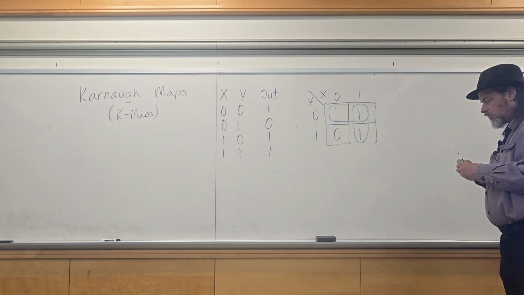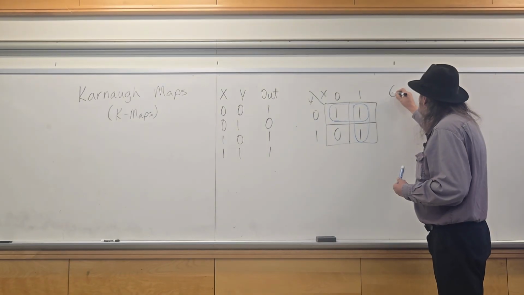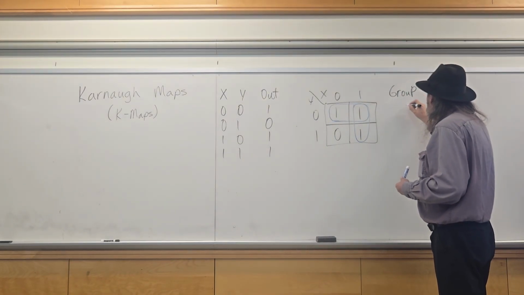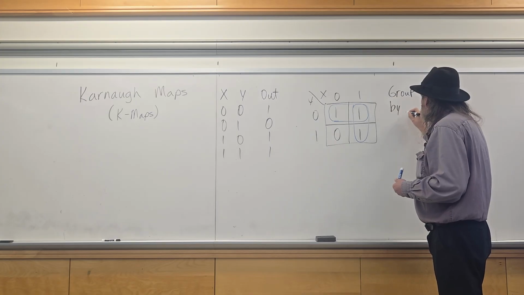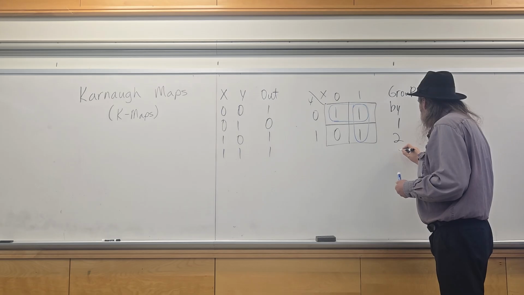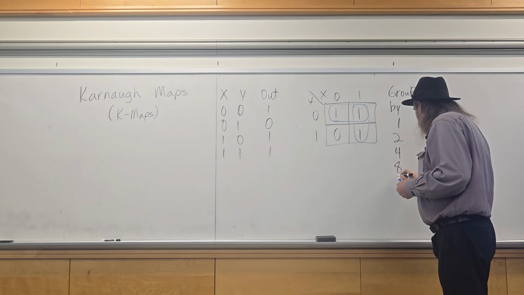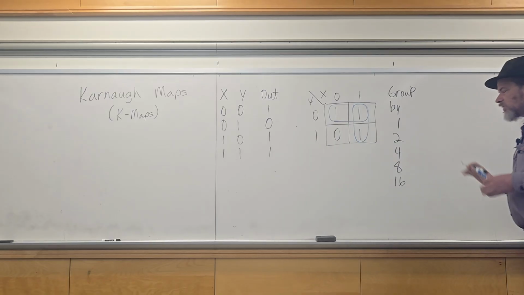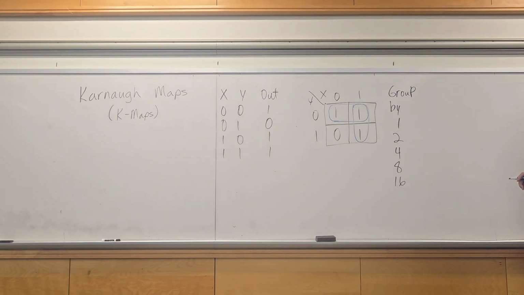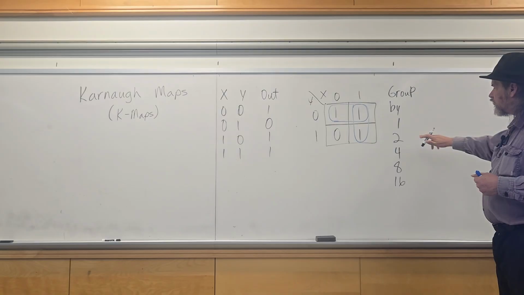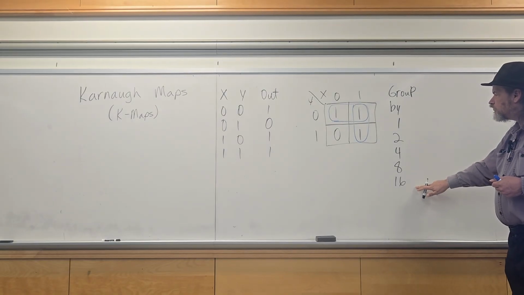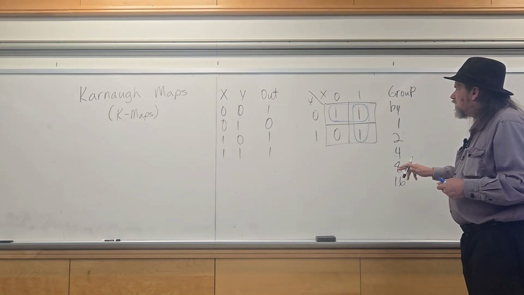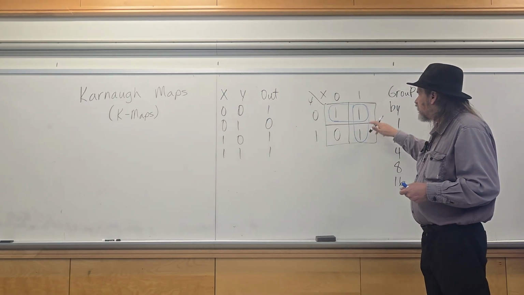So you can group them by 1s, 2s, 4s, 8s, 16s. They don't get any bigger than that unless you're using a computer to generate multi-dimensional K-maps. But anyway, you do the largest groups of powers of 2, and then you see what makes those groups 1.